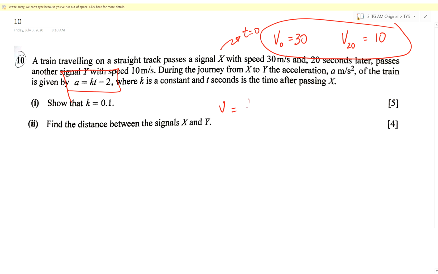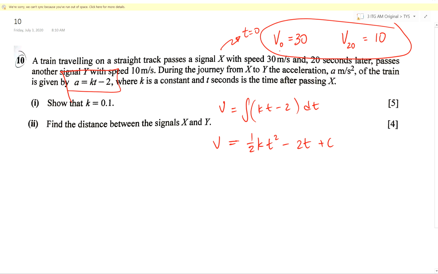V equals the integral of (kt minus 2) dt, with your brackets. Half k t squared minus 2t plus c. Wow, now it looks more complicated. I've got another c. But is it really more complicated?